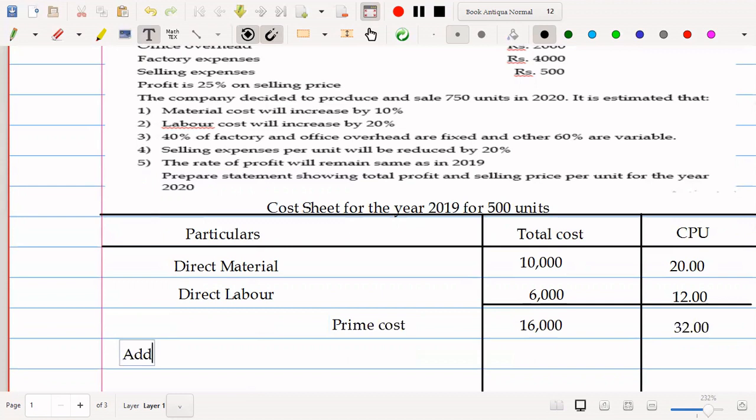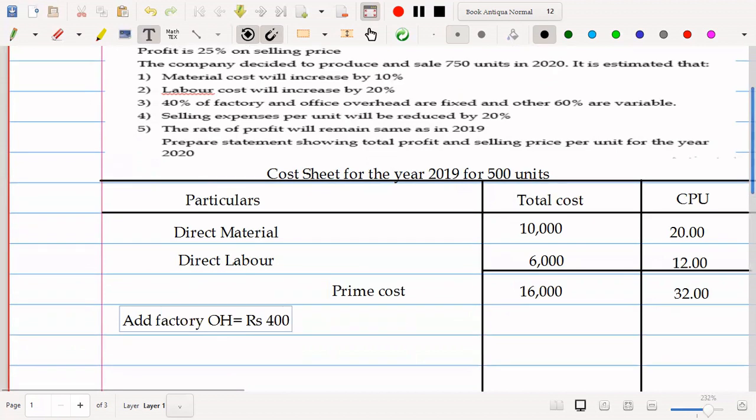Add factory overhead. Factory overhead, what they have given, factory expenses and office, 40% are fixed and 60% are variable. What is the total amount given? Total amount given is rupees 4,000. Out of it, 40% is fixed.